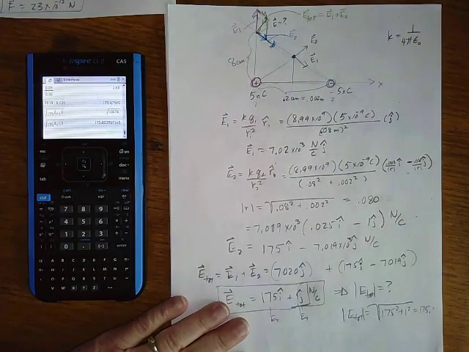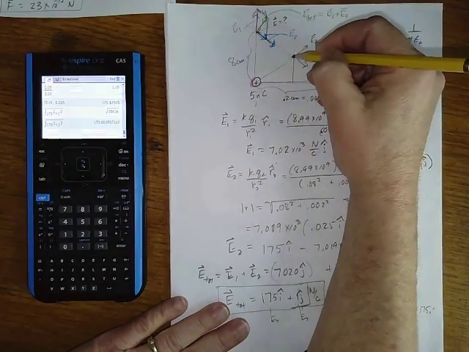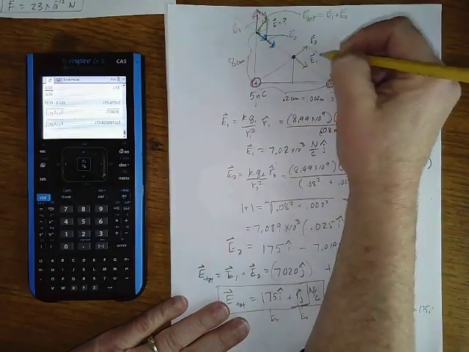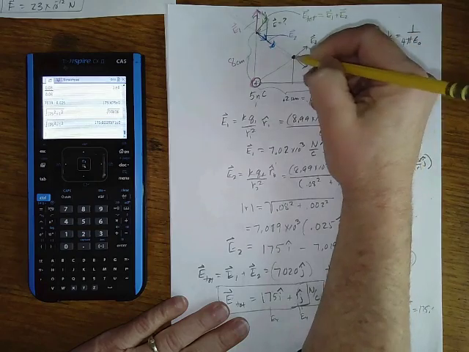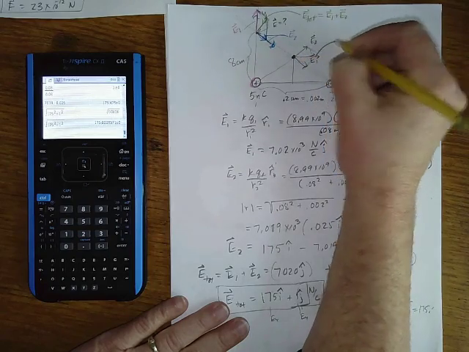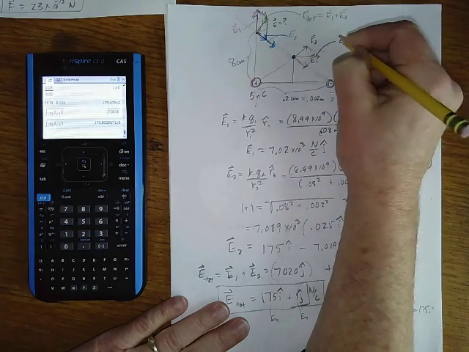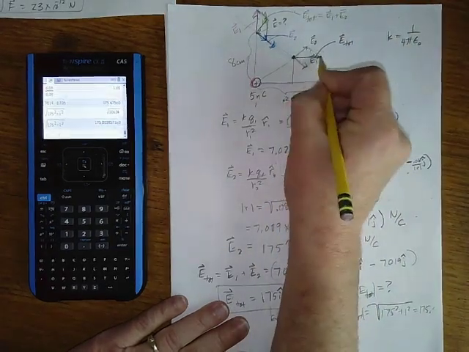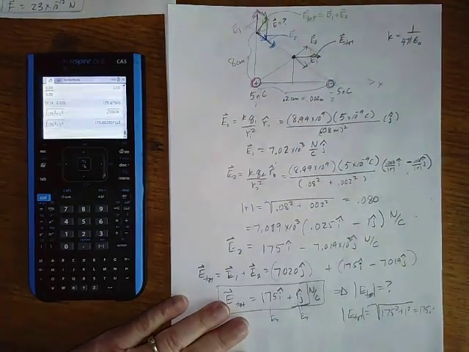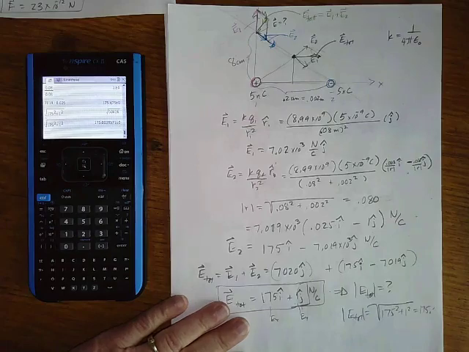And what ends up happening is, if we make our parallelogram here, our new E total looks like it goes straight to the side, right? So is that true?